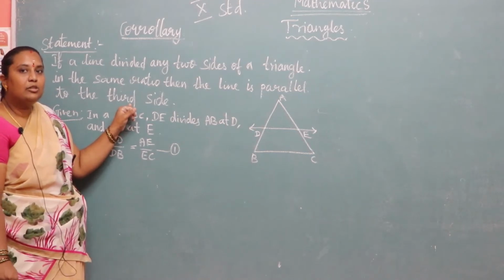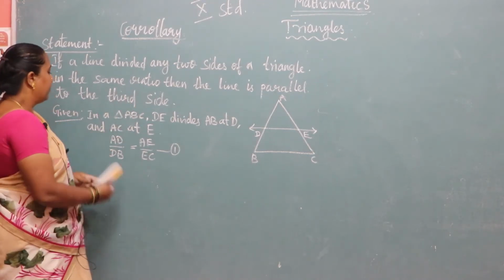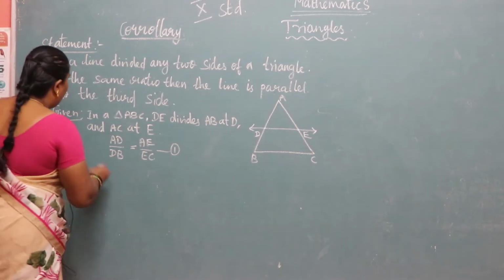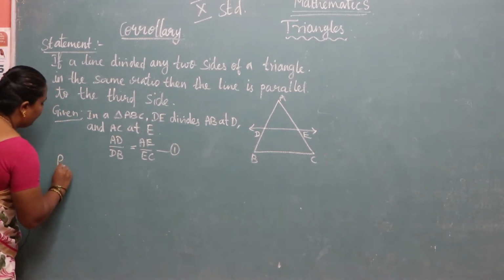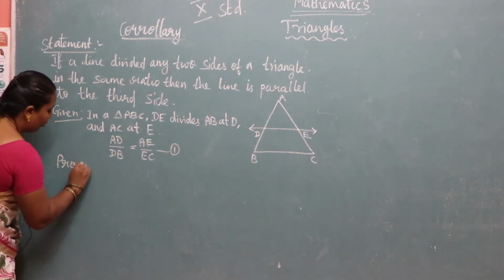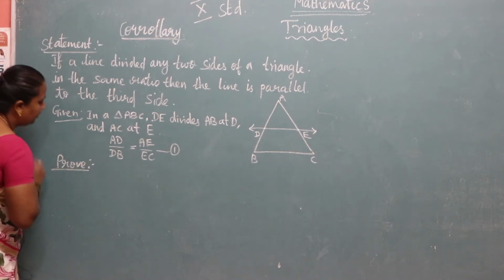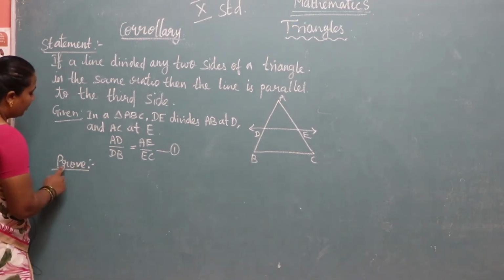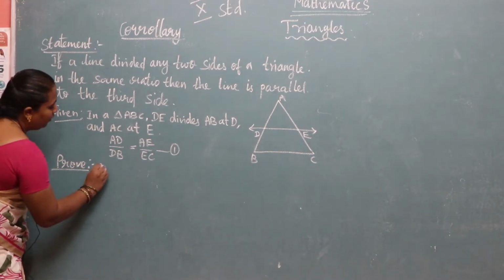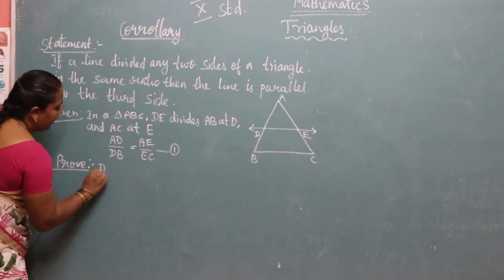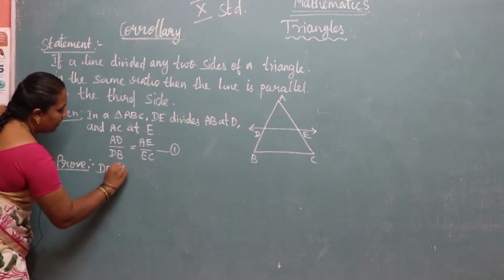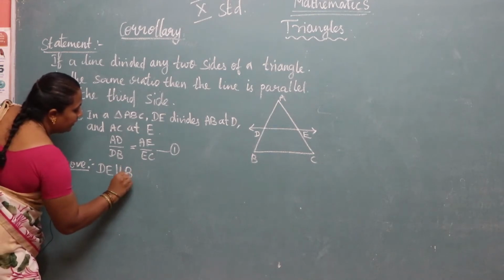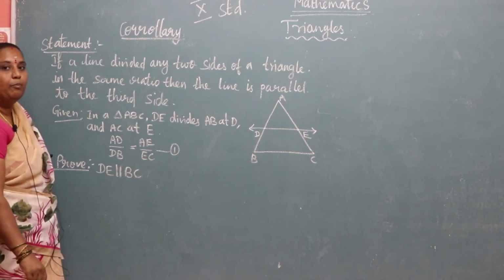So here, what we want to prove is DE is parallel to BC.